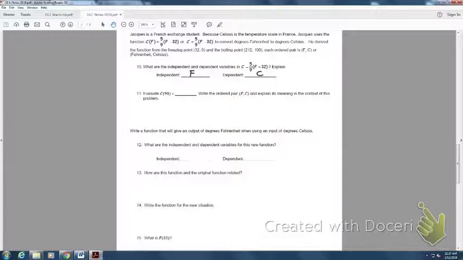On number 11 it says to evaluate C of 90. What is that telling us to do? Plug in 90 for Fahrenheit. What temperature is it in Celsius if Fahrenheit is 90? Chance, will you please plug in 90 for F and tell us what you get?